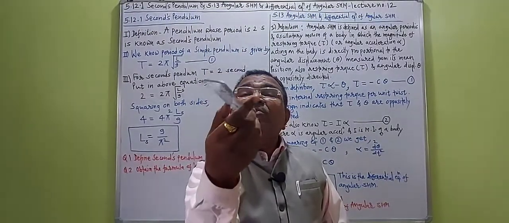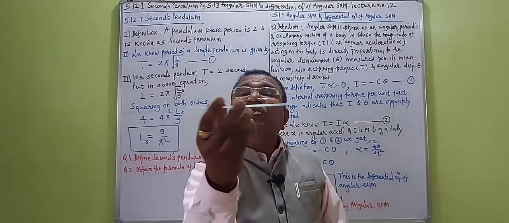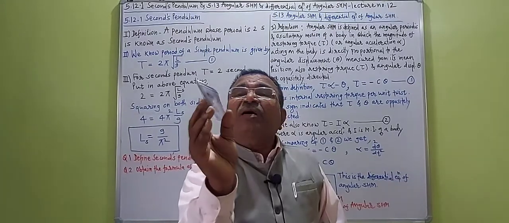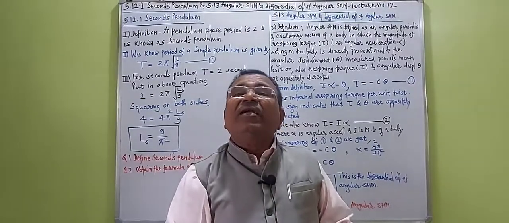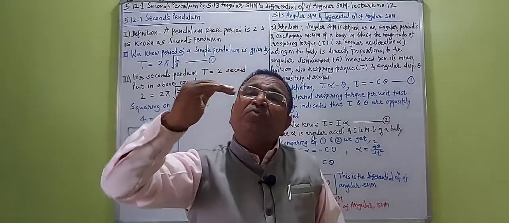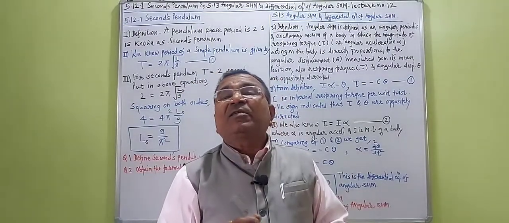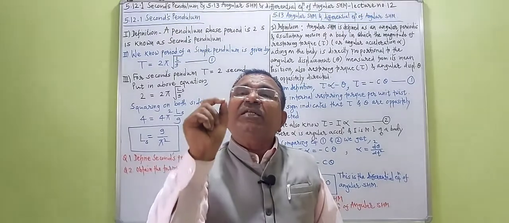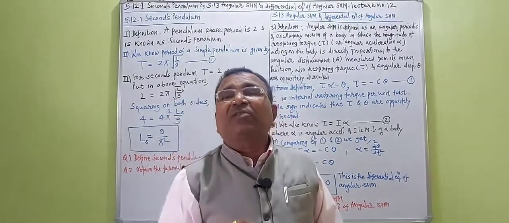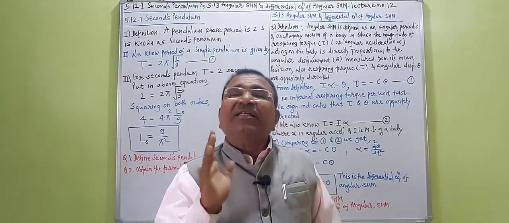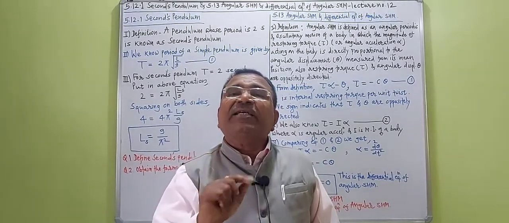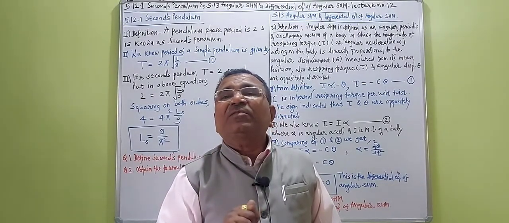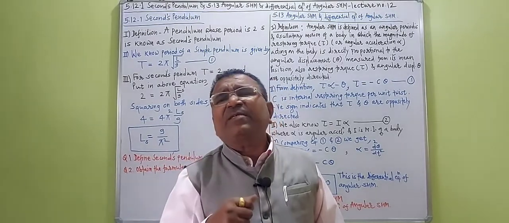And we know the rotational motion is obtained by making use of deflecting torque, and the body comes to its original condition by making use of restoring torque, tau. That restoring torque tau is directly proportional to the angular displacement.